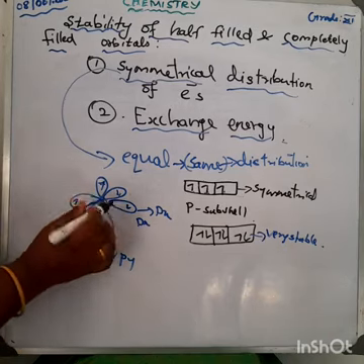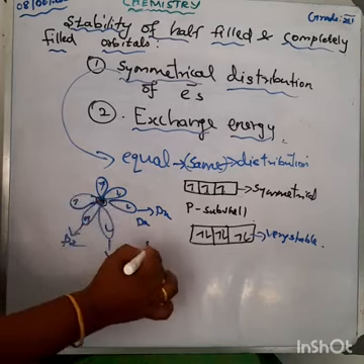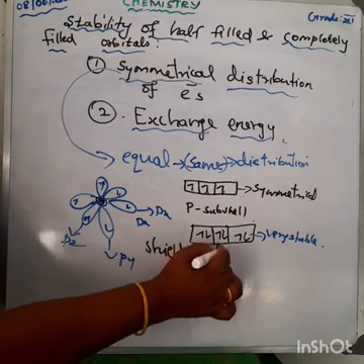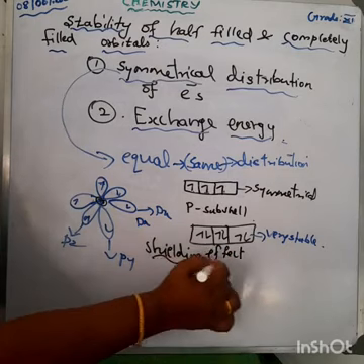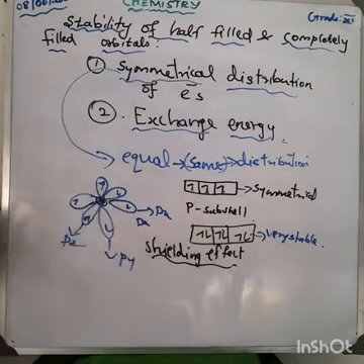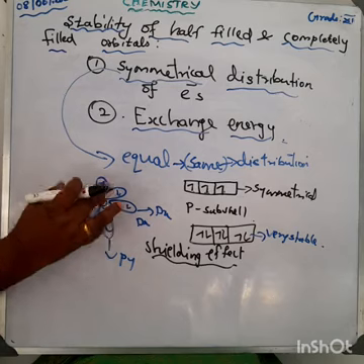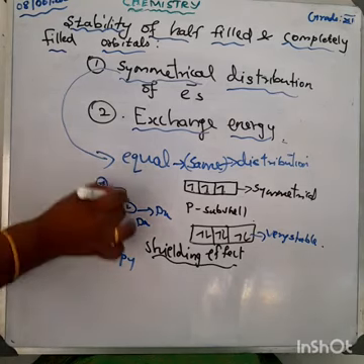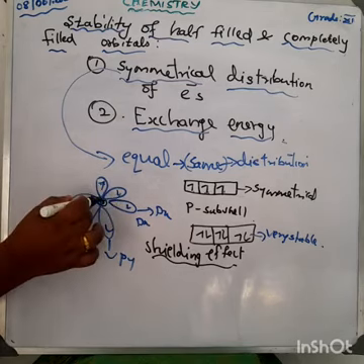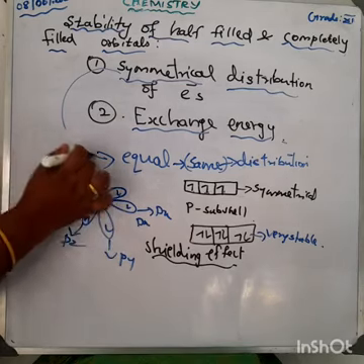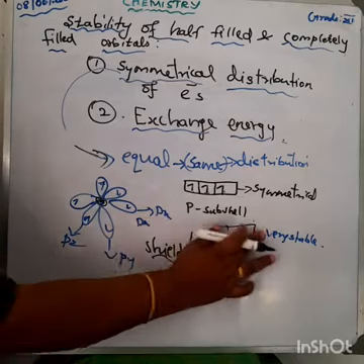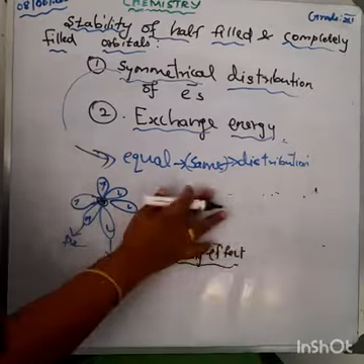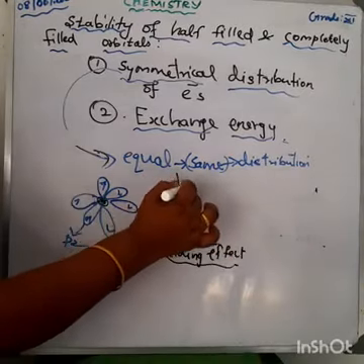What do you mean by shielding effect? Shielding effect means some electrons exist between the nucleus and the outermost orbital, and they hide the attractive force between the nucleus and the electrons. So the attractive force is very small, and the electrons can be easily removed from the outermost orbit.